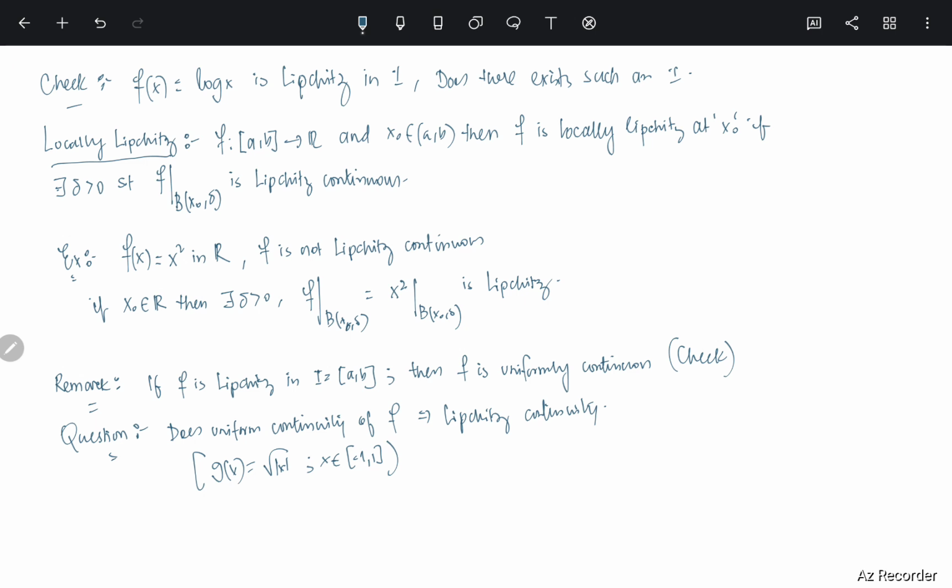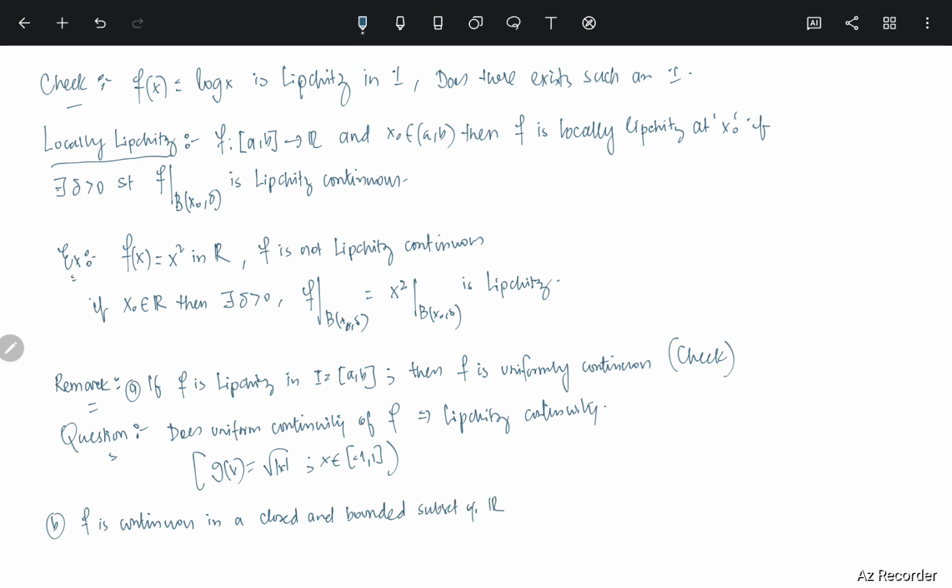Okay, and there is another remark which I want to put here. Let's say f is continuous in a closed and bounded interval, or a bounded subset of R, doesn't matter.